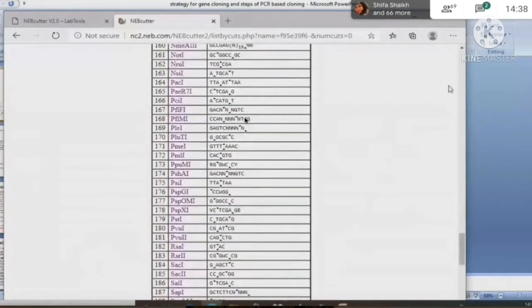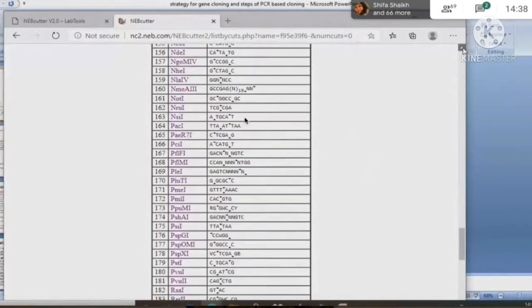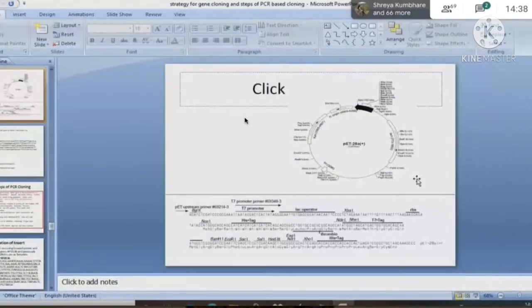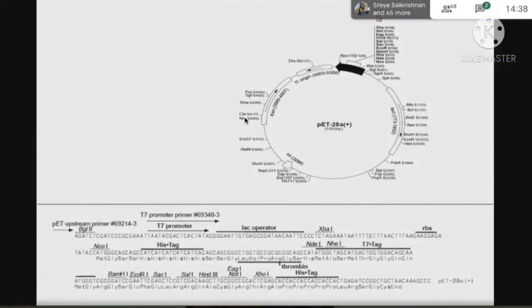NCO1, yes, you can clone at NCO1. You can choose the NCO1 site also. In this way, we have to search zero cutters.